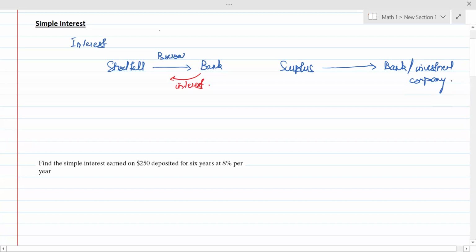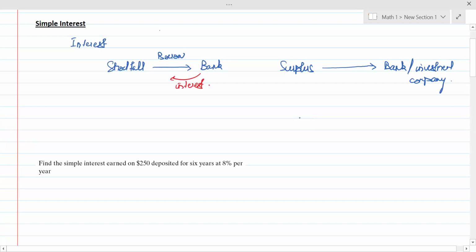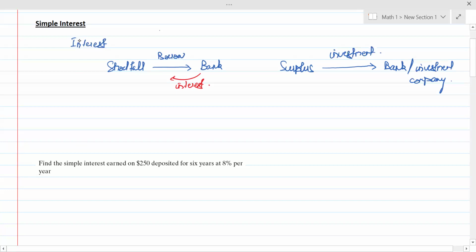Okay, so here again, since you are investing, you are giving this money to the bank or the investment company. So you are giving this surplus of money, and in a way you are making this investment. And here again, since you are investing this money, the bank or the investment company would be giving you the interest.